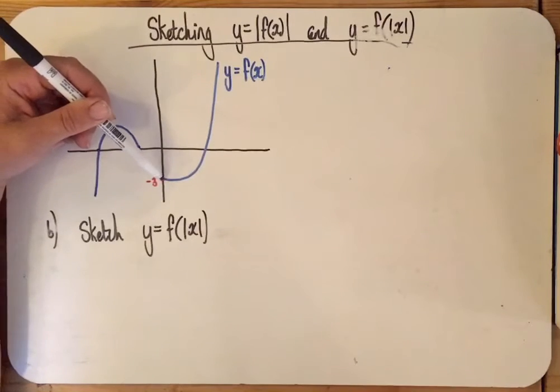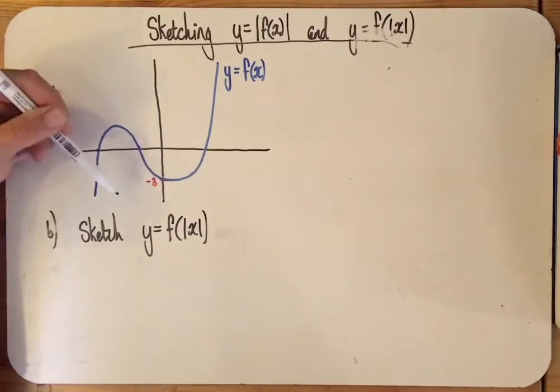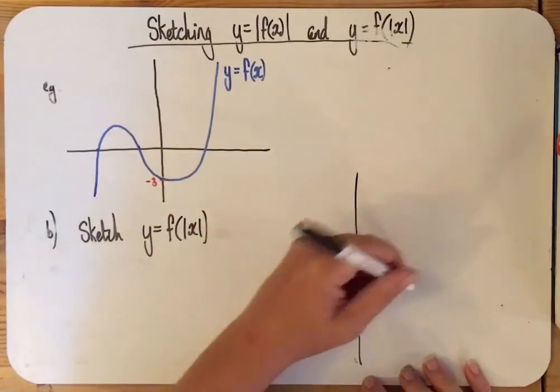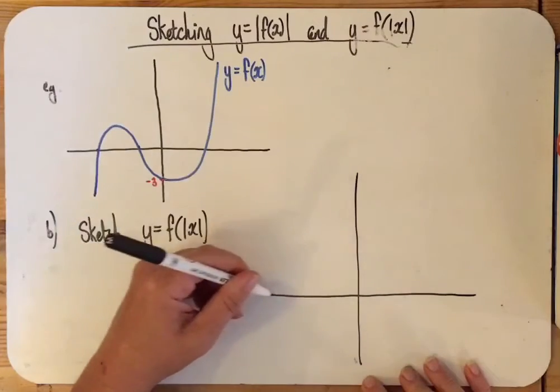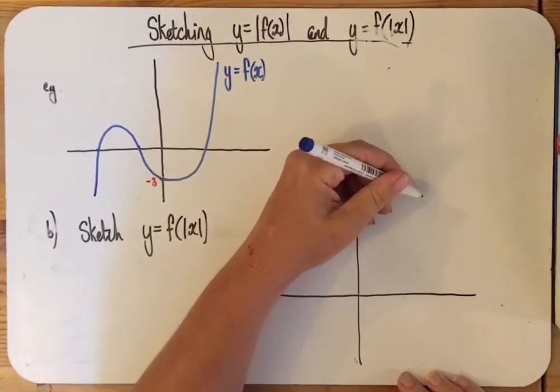So the negative x is going to behave like the positive x. So you'll get a reflection of the part of the graph where x is positive in the y-axis, and you'll end up with something looking something like, oh, excuse me, sorry. Hay fever. Right, so it'll come down like this.